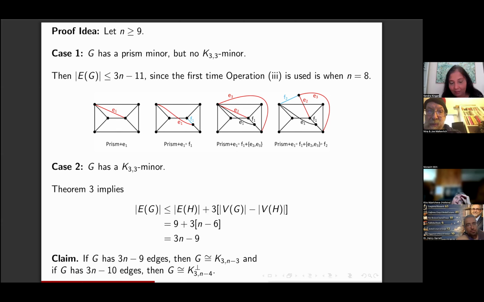And if you have 3n minus 10 edges, then you get just one family. Now, you might wonder, what about 3n minus 11? Too many families. I think it's doable, but it's just not seeing the pattern as yet. There are many offshoots from this paper, at least another 3 that I'm concurrently working on.